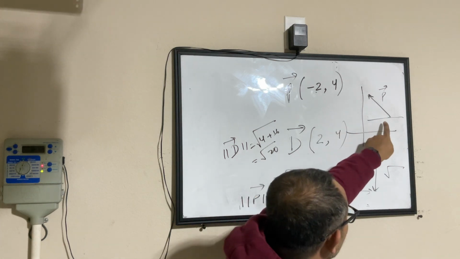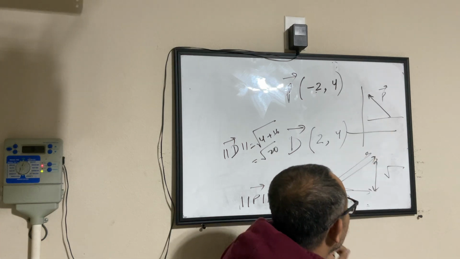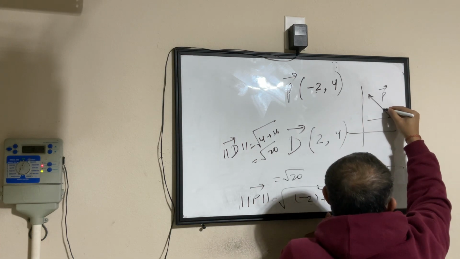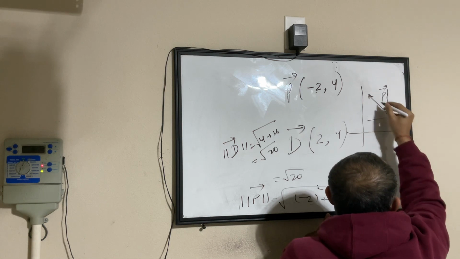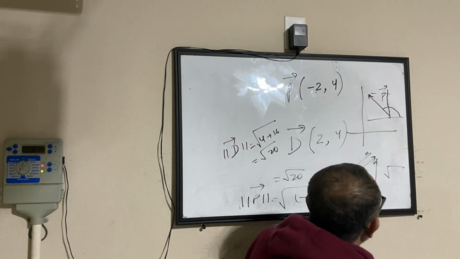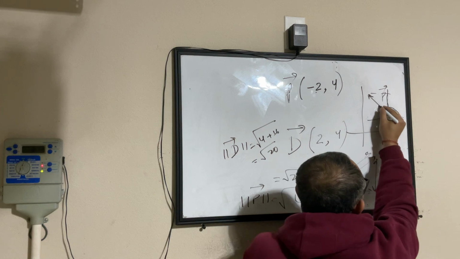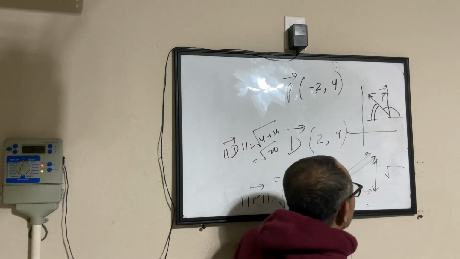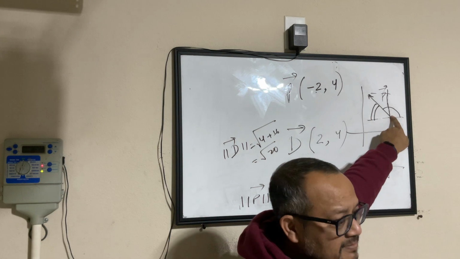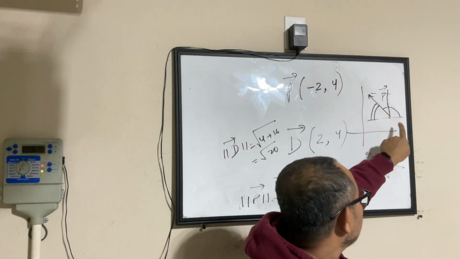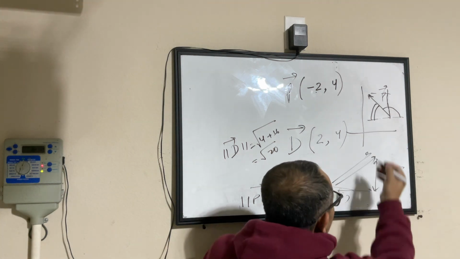You have to find this angle. We'll find out this angle and then subtract that from 180, and that will give me this angle's value, or the direction.